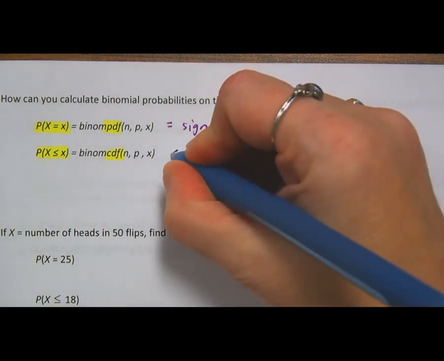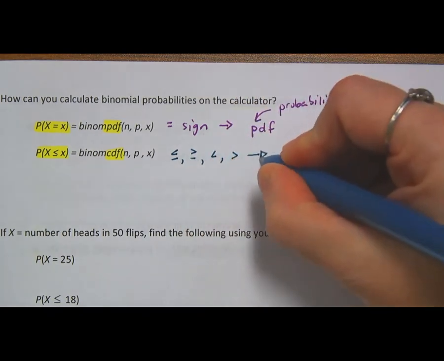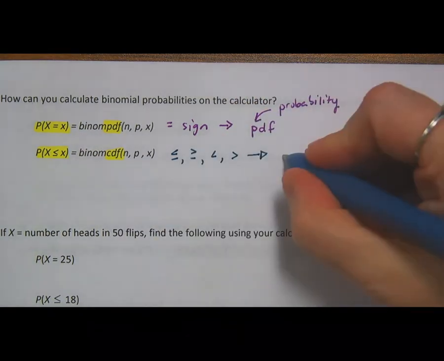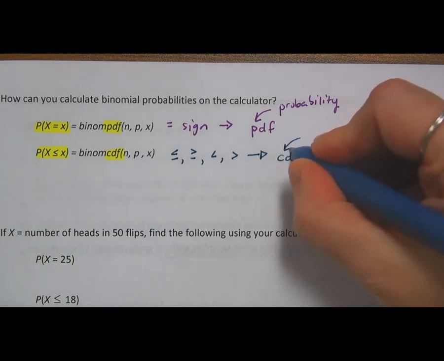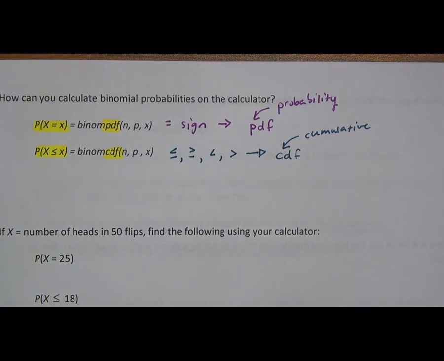The C stands for cumulative. That just means we're adding as we go. We've seen that word before. Inequalities denote that we're adding everything that comes after that number or before that number, a bunch of stuff added together, so cumulative. So for inequalities, you're going to use binomial CDF.